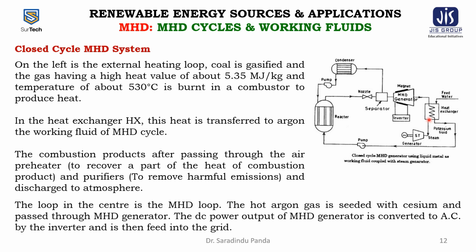The loop in the center is the MHD loop. The hot argon gas is seeded with cesium and passed through the MHD generator. The DC power output of the MHD generator is converted to AC by the inverter. This is the inverter, and the power is then fed into the grid.